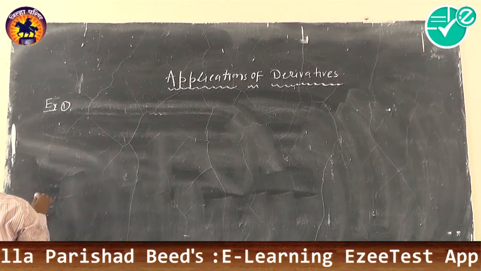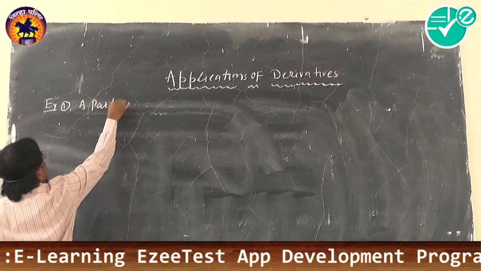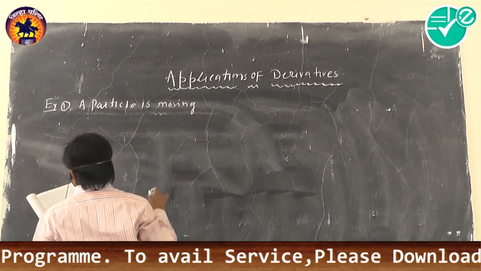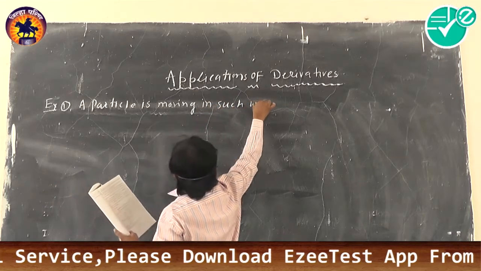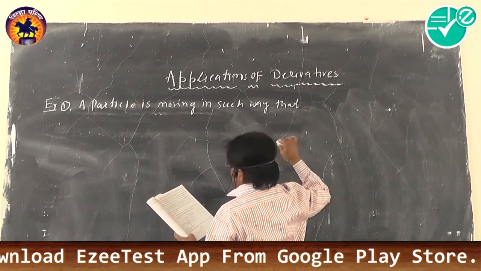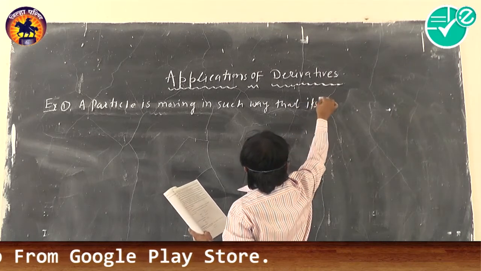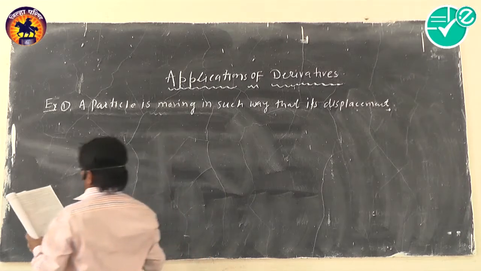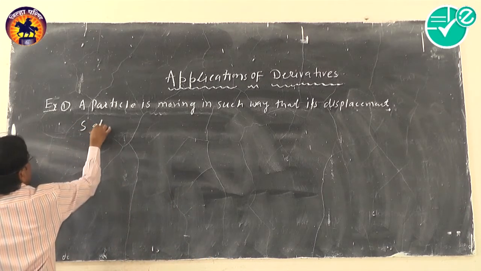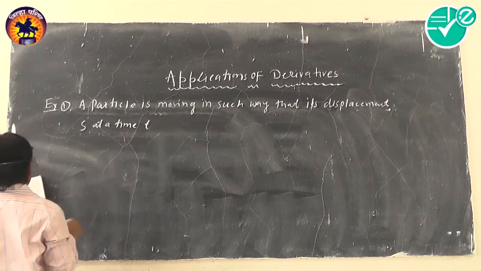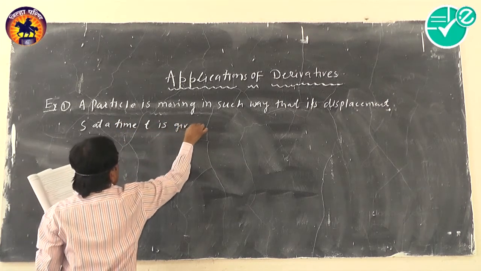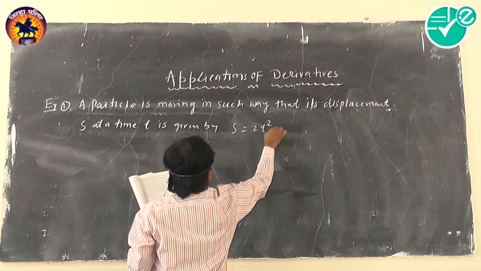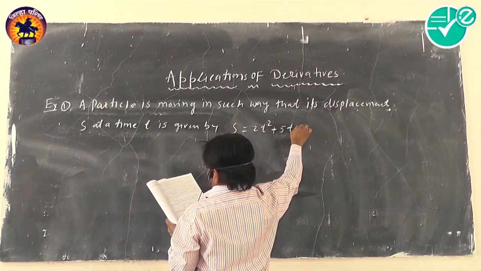A particle is moving in such a way that its displacement at a time t is given by s is equal to 2t square plus 5t plus 20.